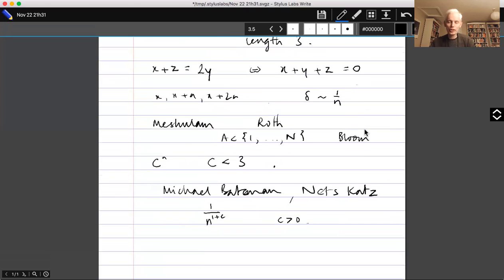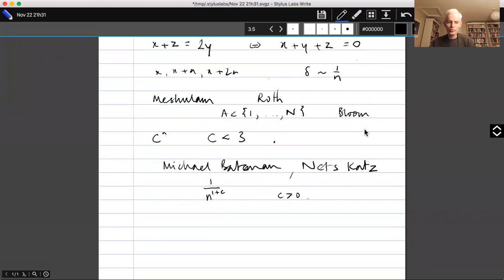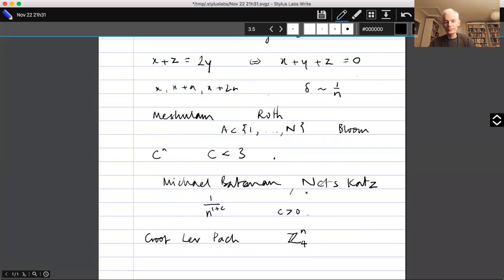But then there was a sort of stunning moment, I think it was 4 years ago, which came in 2 steps. So one is that Ernie Croot, Seva Lev and Péter Pach managed to find a proof that gave an exponentially good upper bound for the density that you needed, but not in F3 to the n, but in Z4 to the n, so exponential in little n this time, for progressions of length 3.